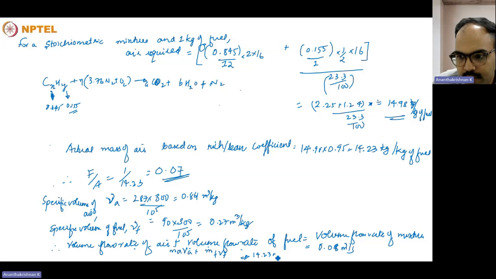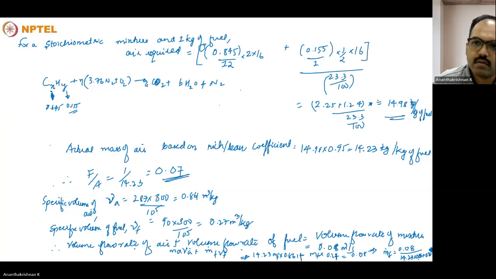So 14.23 times mass flow rate of the fuel multiplied by the specific volume of air, 0.861, plus mass flow rate of the fuel multiplied by the specific volume of the fuel, that is 0.27, will be equal to 0.08. Therefore, mass flow rate of the fuel will be equal to 0.08 divided by (14.23 into 0.86 plus 0.27).